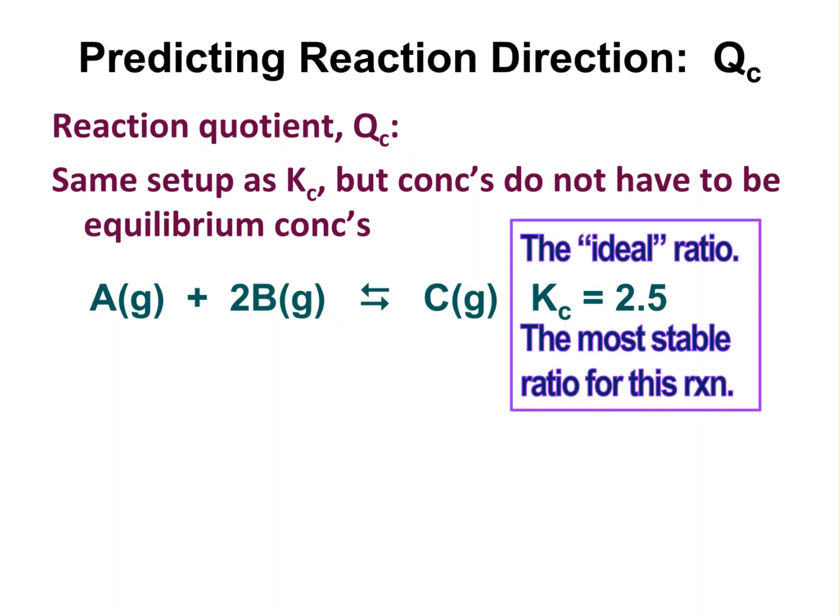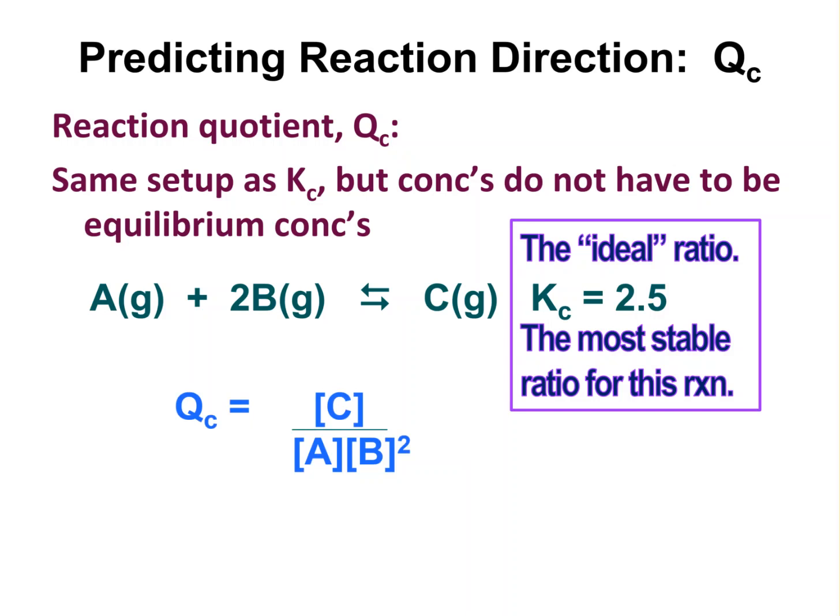The KC, the equilibrium constant, tells you the goal of where this reaction is going to go if you give it time. It tells you the ratio of products to reactants that is most stable. And so when you throw together your reactants, it will react until you get to this ratio of products and reactants.